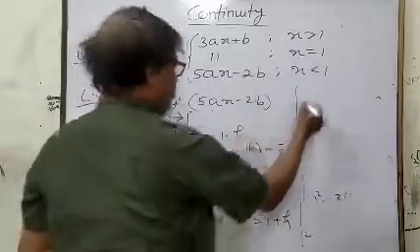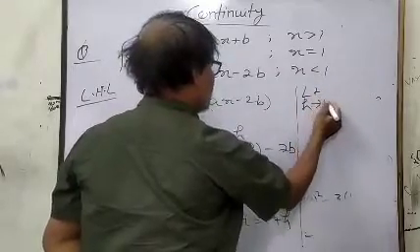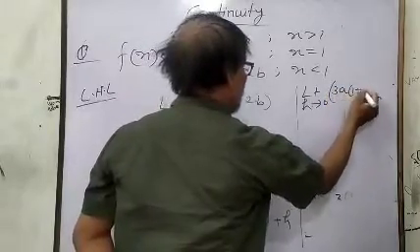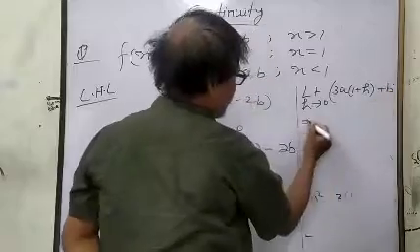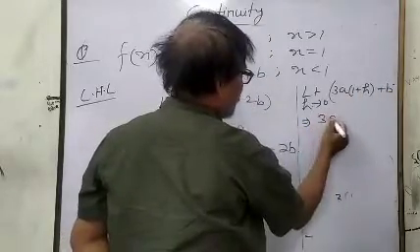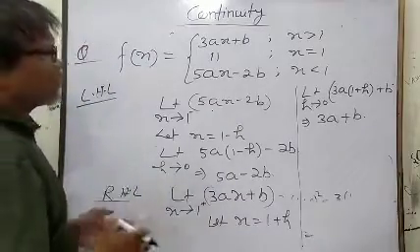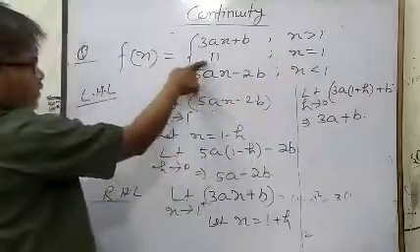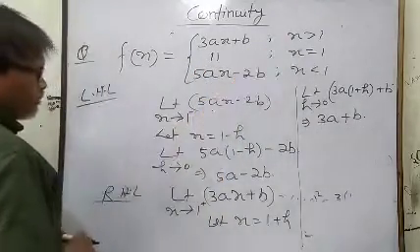Then put the value of x, limit h tending to 0, 3a(1 plus h) plus b. Now h is equal to 0, so 3a plus b. This is the right hand limit. And you can see here, at x is equal to 1 the value is 11, so no need to write the value at x is equal to 1.